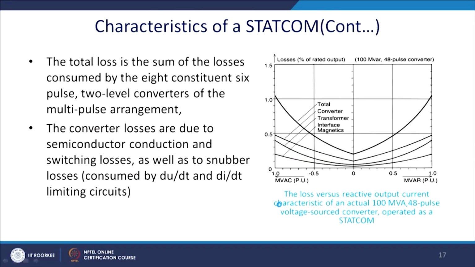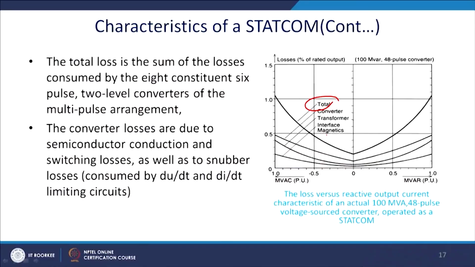Please see the characteristics of the Statcom. So, this is a percentage loss, and we have considered this reference taken from Hingorani and Gyugyi's books. This is a 100 MVAR, 48 pulse converter. You see that this is the total losses, this is the converter loss, this is basically the magnetic loss.